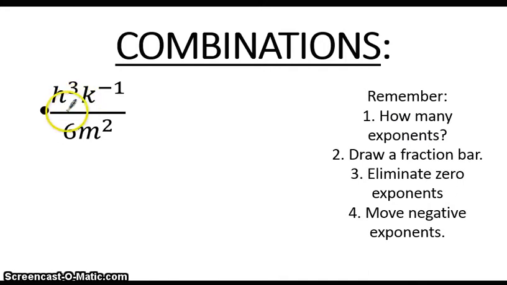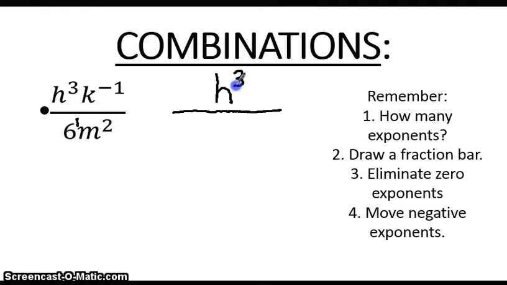Let's try one more combination. H to the third, k to the negative 1 over 6m squared. Ask yourself how many exponents. There are 4. The cube, the negative 1 power, the 1 power, and the square. Draw a fraction bar distinguishing the numerator and the denominator. Keep your positive exponents in the same location.